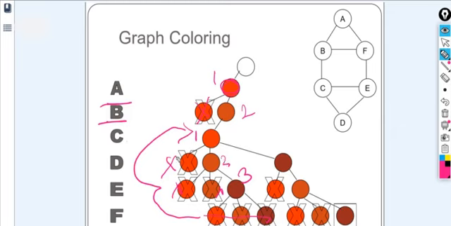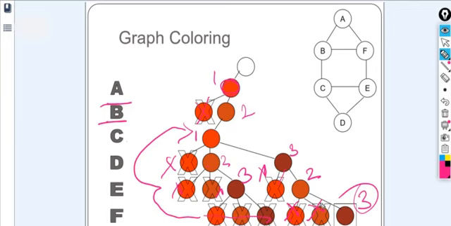Now at the place of D, we changed color 2 to color number 3. Then we tried 1, which is not possible, so we applied color number 2 here. At the last stage for F, color number 1 and color number 2 have no possibility, so we assigned color number 3. The F node is filled with color number 3.